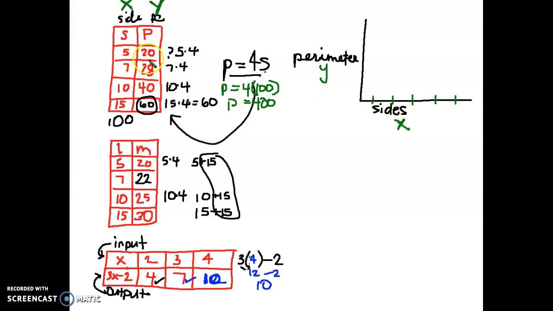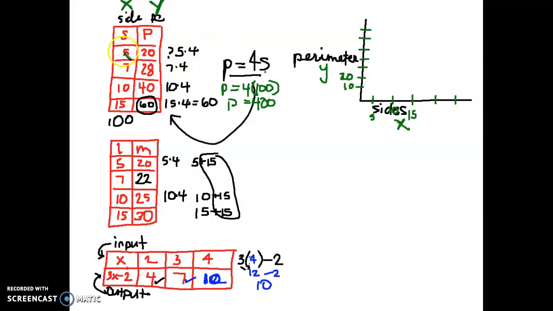And we know that we're going from 20 all the way up to 60, so here we could count by 10s: 10, 20, 30, 40, 50, 60, 70. Sorry, it's not perfect. Let's label our axes so we know what our increments are.